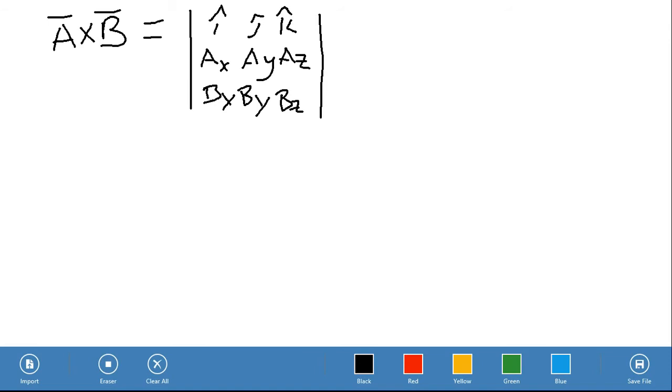And what it's going to end up being is, I'll write the expansion for you.